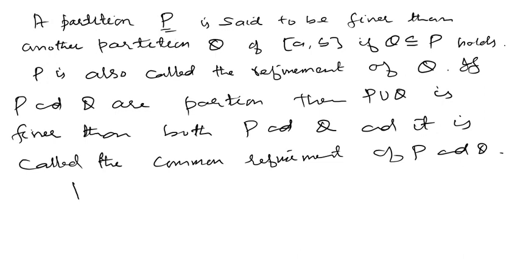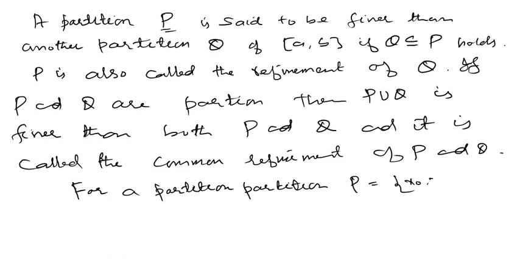For a partition P = {x_0, x_1, ..., x_n} of [a, b]. This is a partition of [a, b].